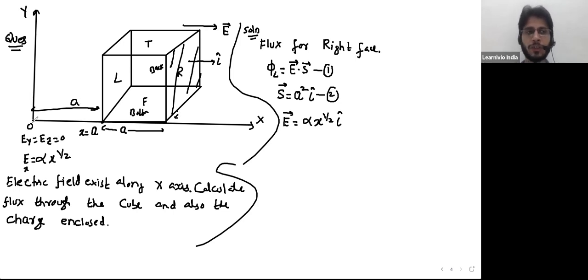The x coordinate means the separation from the origin. The separation of this face from the origin is A, and this side is also A, so the total will be 2A. So x is equal to 2A. That's equation number 3.